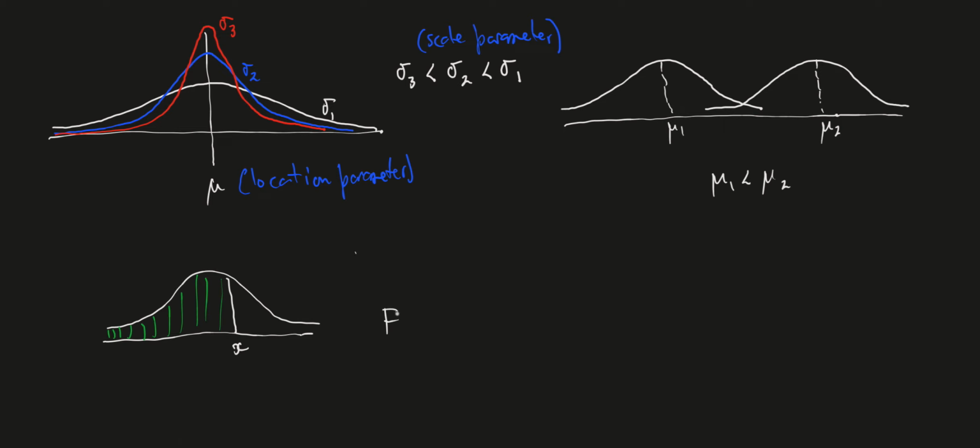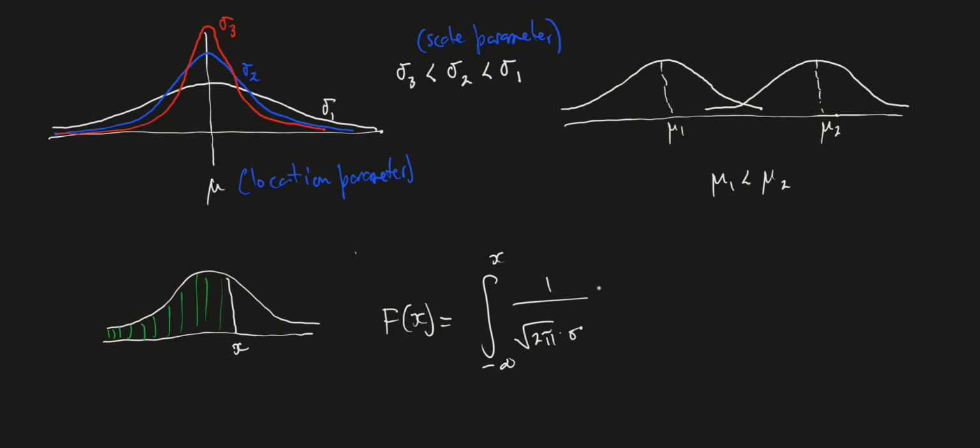So again, we can write it down. The CDF of the Gaussian would be the integral from negative infinity up to x of that wonderful function, 1 over the square root of 2 pi times sigma.